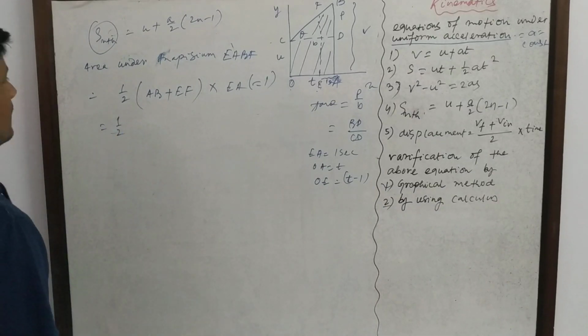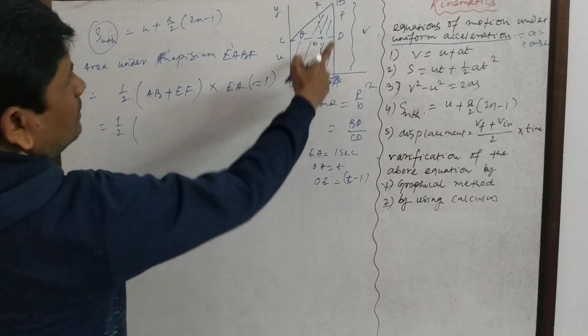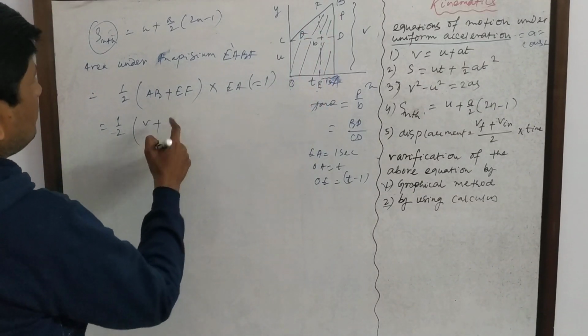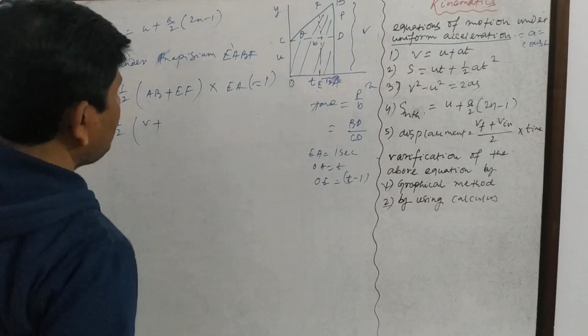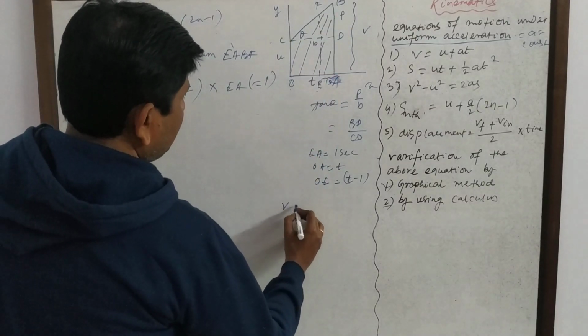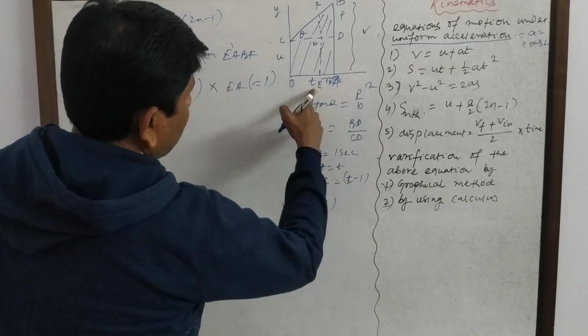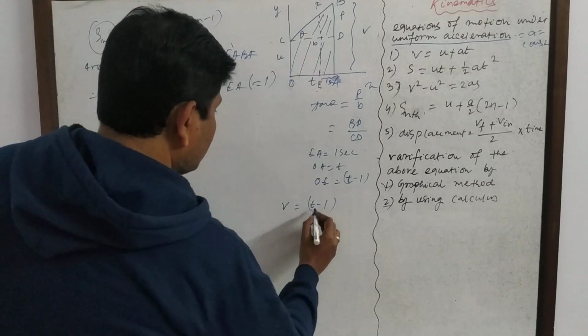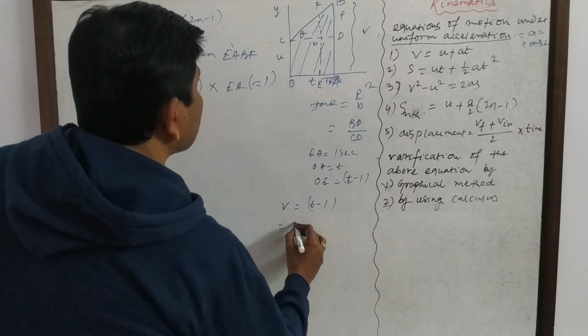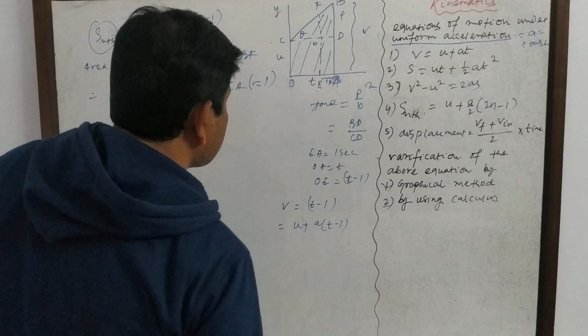It's half. Now AB is equal to V, plus EF. EF is the velocity attained in t minus 1 second. Now velocity attained in t minus 1 second is equal to U plus A into t minus 1.